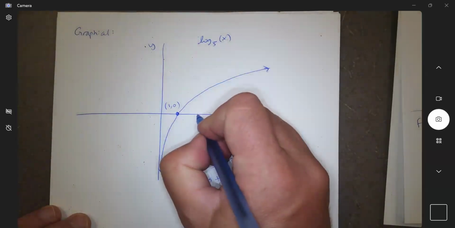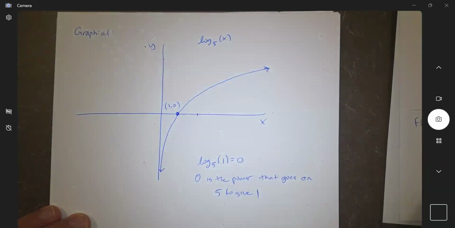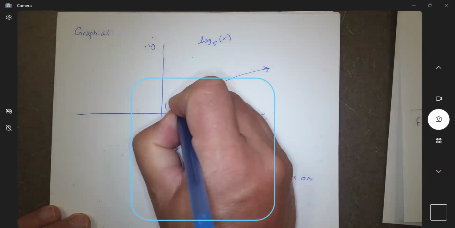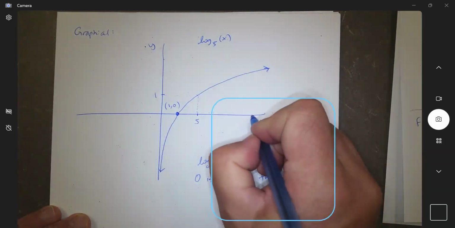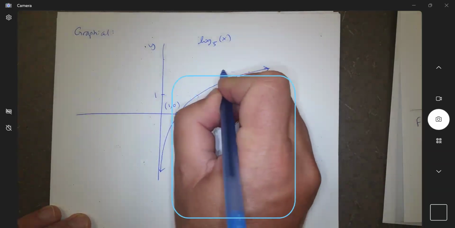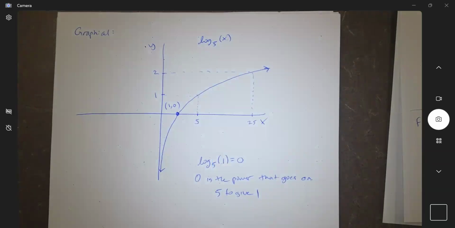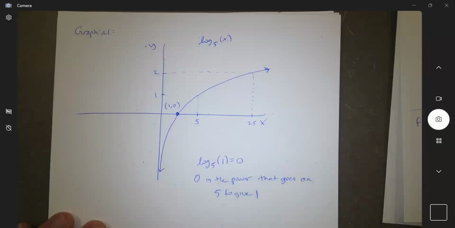So if I came out here to 5, I get up to 1. If I came out here to 25, I'd get up to 2. My scale is not perfect. In order to increase your y values, you have to go farther and farther along the x-axis.